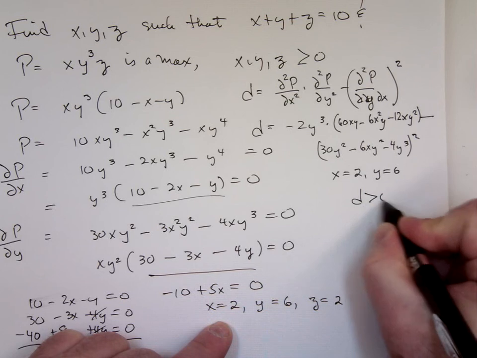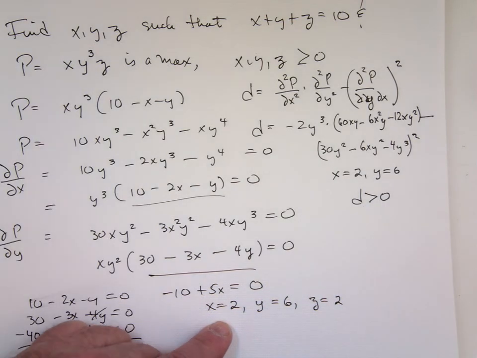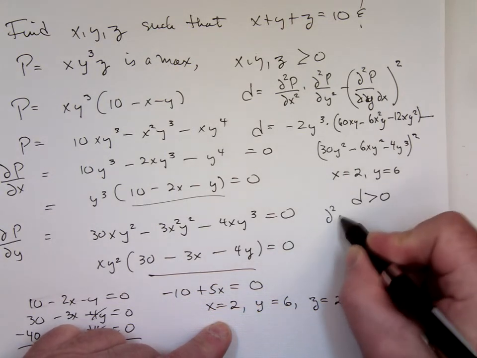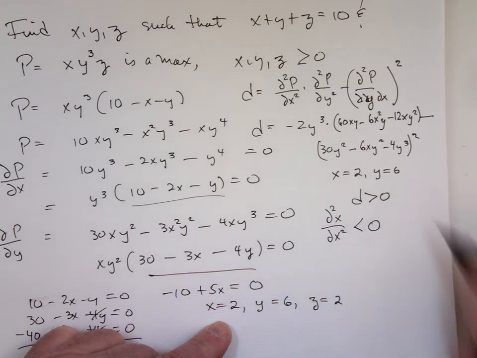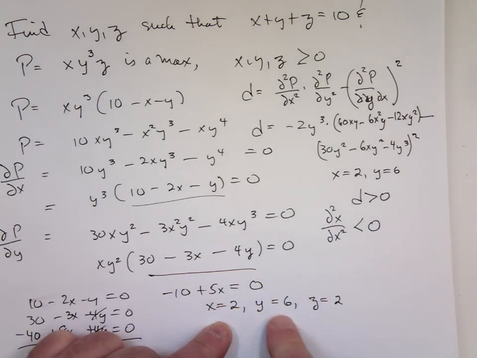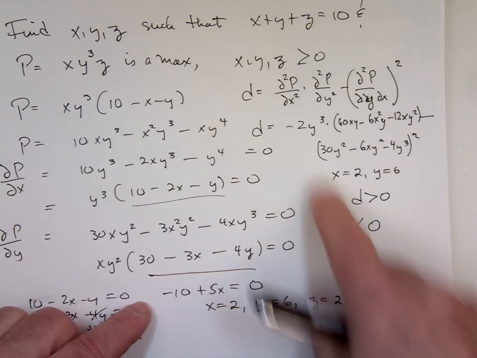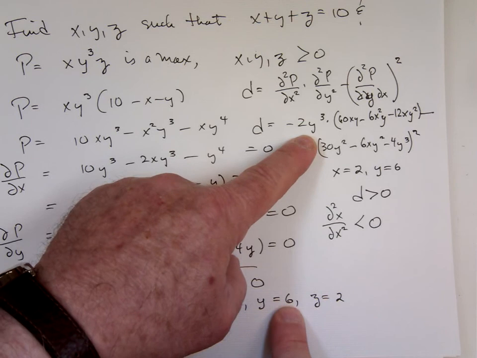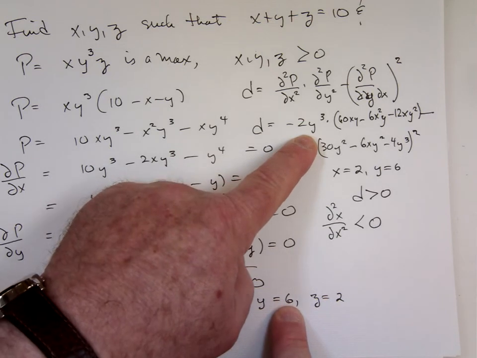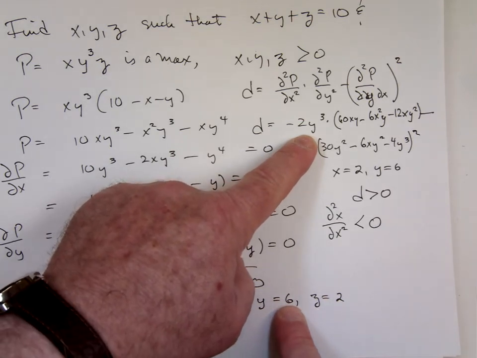In addition, you would find that the second partial with respect to x is going to be less than 0. Could we do that one at least? The second partial with respect to x is negative 2y cubed. Y is 6. So you get that less than 0. So we can verify that one. The other one's just too messy.